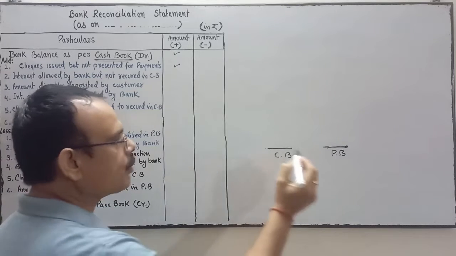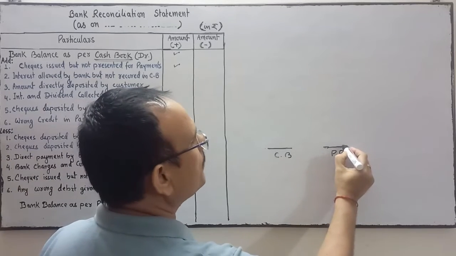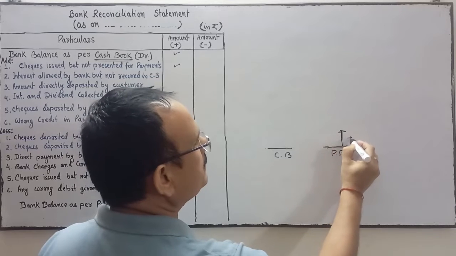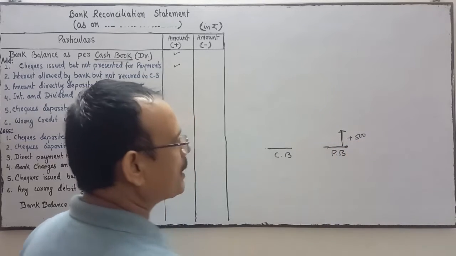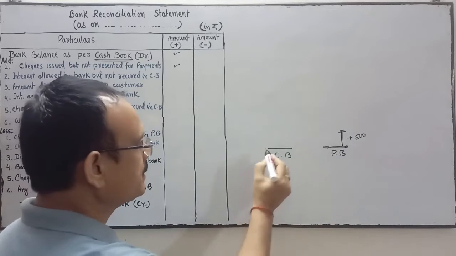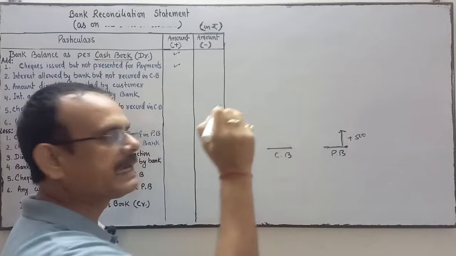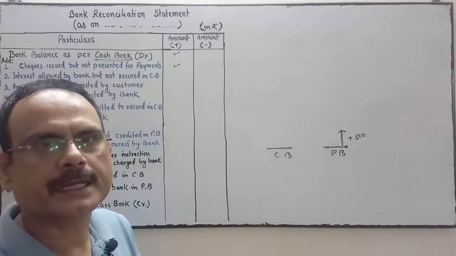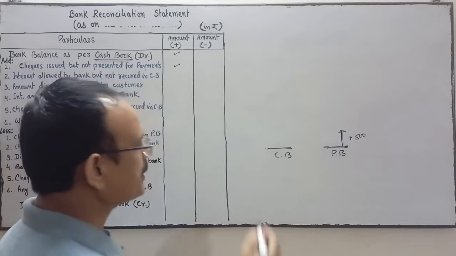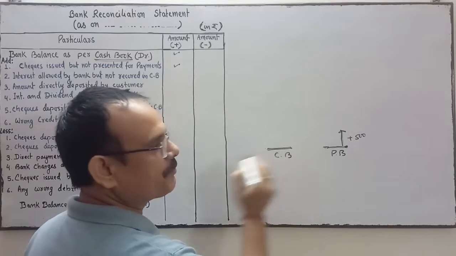When the interest is allowed by the bank, your passbook balance has increased. Suppose 500 rupees interest is allowed by the bank. So the passbook balance is increased by 500, whereas the cash book balance is not increased because it is not recorded in the cash book. So the cash book balance is as before.